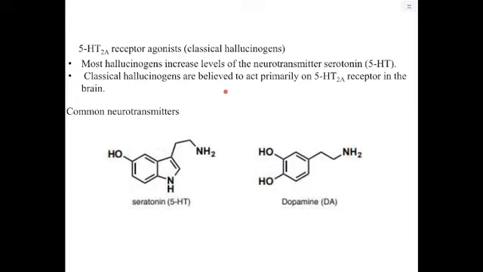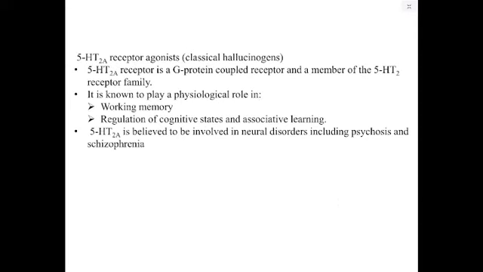The classical hallucinogens are believed to act primarily at the 5-hydroxytryptamine 2A receptors in the brain. Some of the common neurotransmitters we have been mentioning are dopamine, serotonin, noradrenaline, and so on. This time we are dealing mainly with the 5-HT receptor agonists. Of course, we are dealing with serotonin, which is an ethylamine derivative.